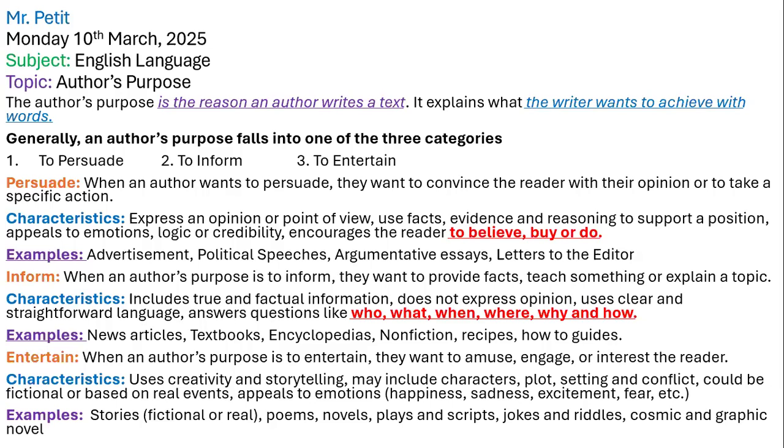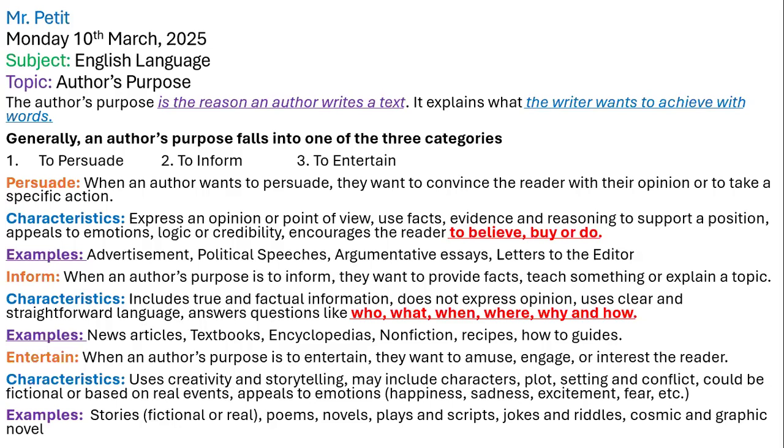When an author wants to persuade, they want to convince the reader of their opinion or to take a specific action. Characteristics: express an opinion or point of view, use facts, evidence, and reasoning to support a position, appeal to emotions, logic, or credibility, encourage the reader to believe, buy, or do. Examples: advertisements, political speeches, argumentative essays, letters to the editor.